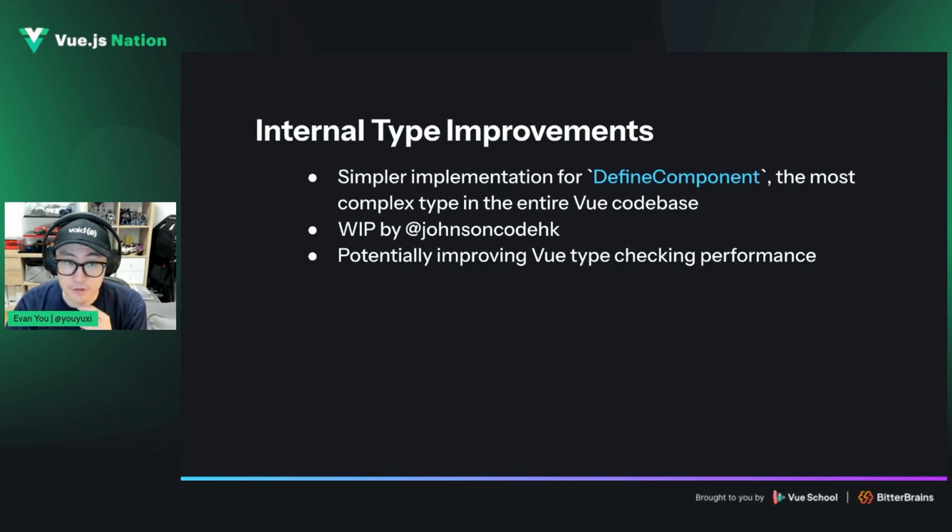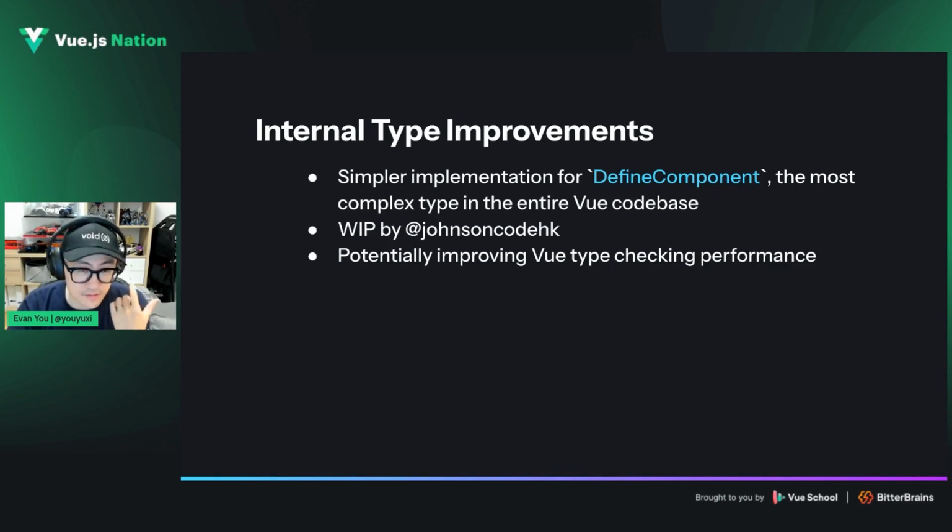If you've never touched the Vue source code, you probably don't really know what this entails, but I would recommend you go to GitHub, clone the code, and just search for defineComponent type and look at how many lines of types that is. There are like 5 overloads, each of them leading into more generic types with dozens of generic arguments. So it's a beast. And Johnson is working on trying to simplify it.